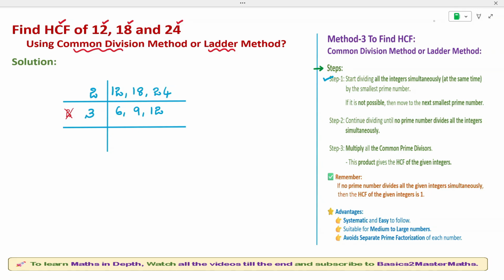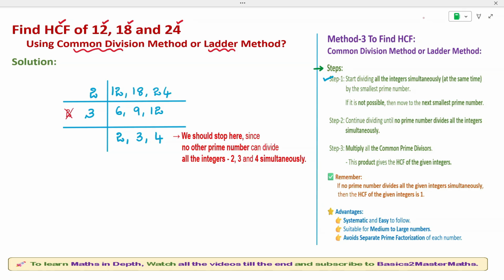Since 3 divides all three integers 6, 9 and 12 exactly, we get 2, 3 and 4.